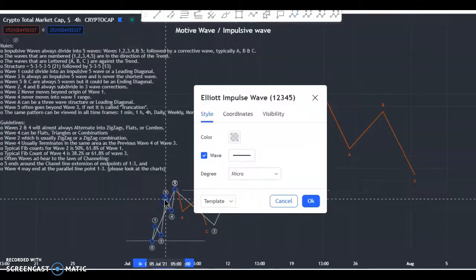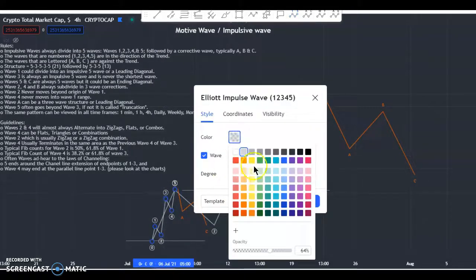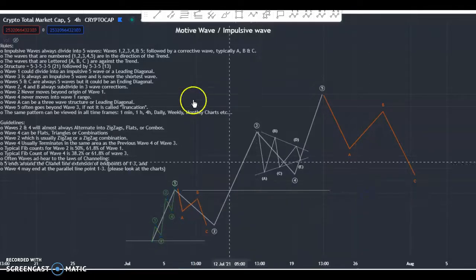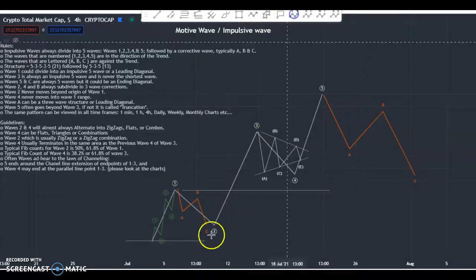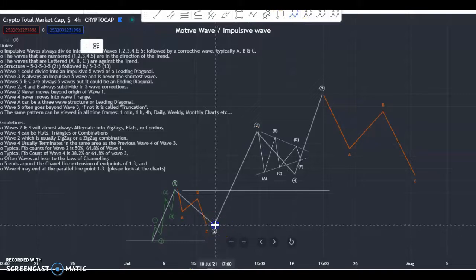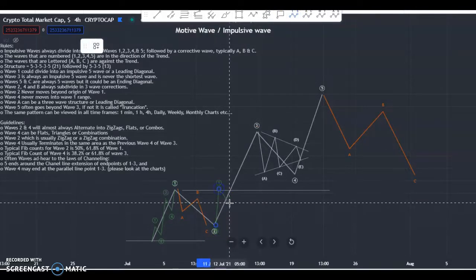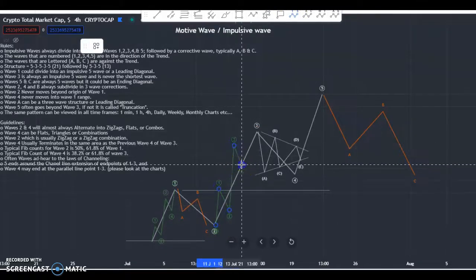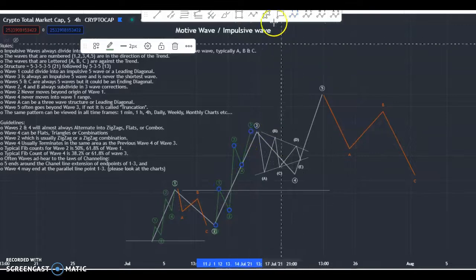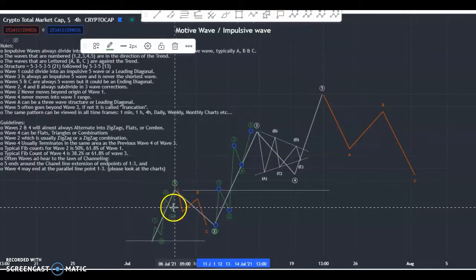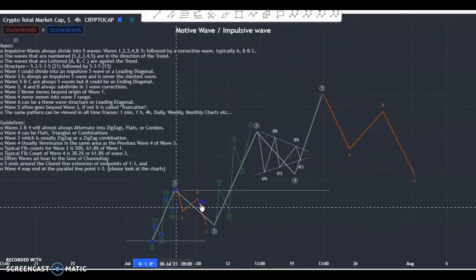Let's change the color there so you can see the difference. Make it green. And then same for wave 3, be 1, 2, 3, 4, and a 5. And then same for wave 5.